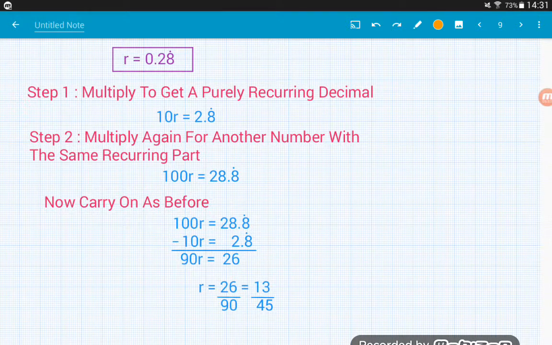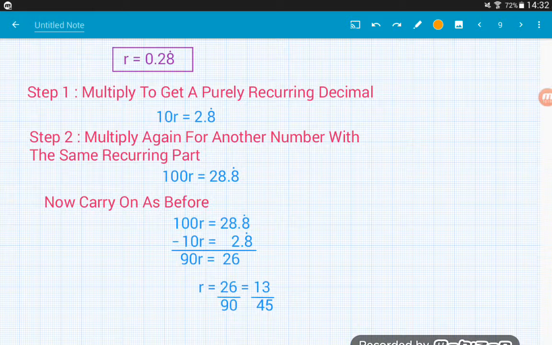Okay, r equals 0.28 recurring, so the same situation as last time. First thing we need is a number with a purely recurring decimal, so let's multiply by 10. We get 10r is 2.8 recurring. Then if we multiply that by 10 again, 100r is 28.8 recurring. So we've got two numbers with the exact same recurring decimal.